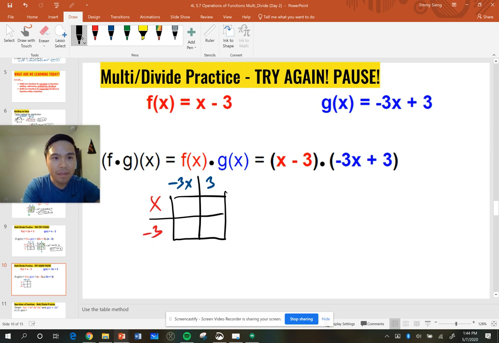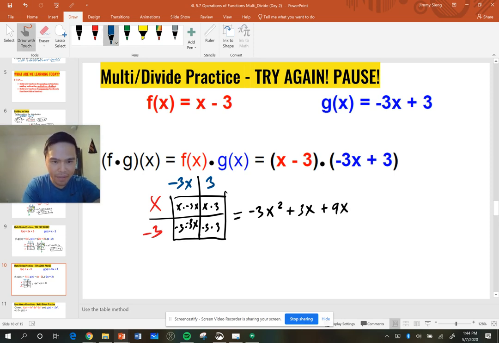So that gives me x times negative 3x, x times 3, negative 3 times negative 3x, then negative 3 times 3. That gives me negative 3x squared plus 3x plus 9x, right?